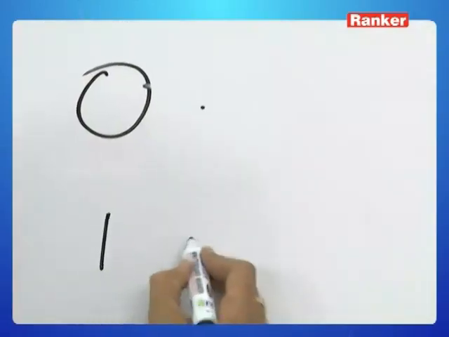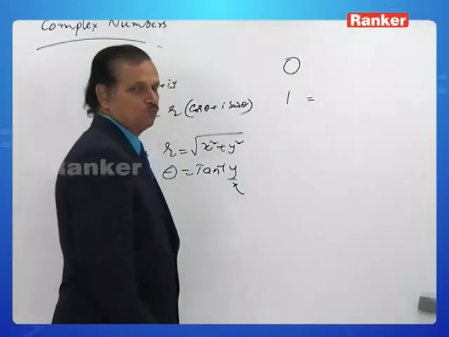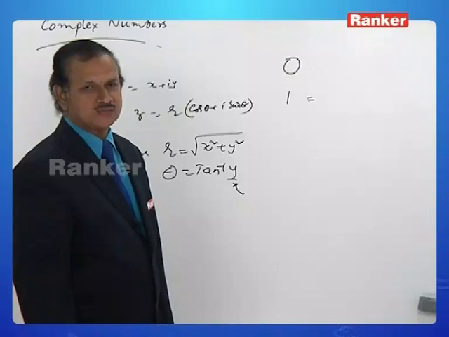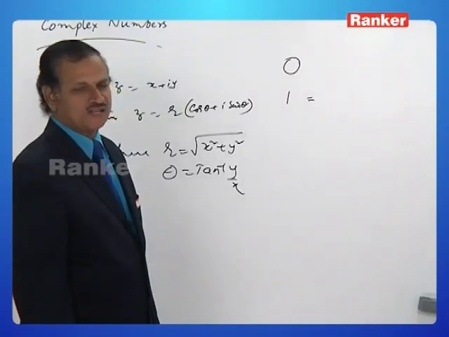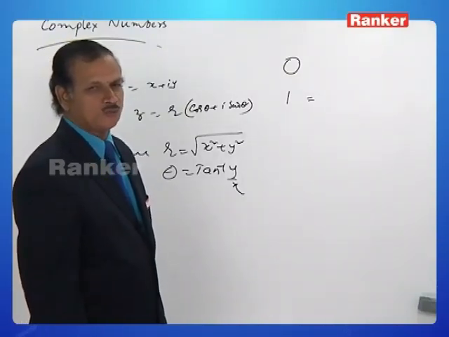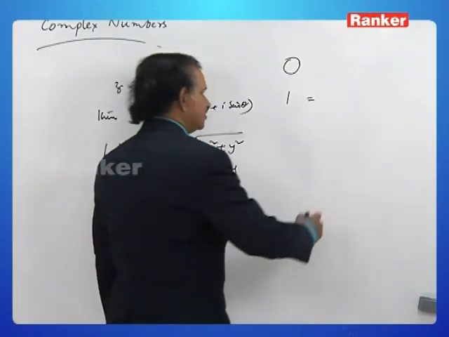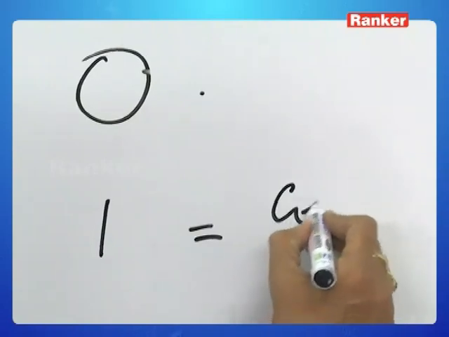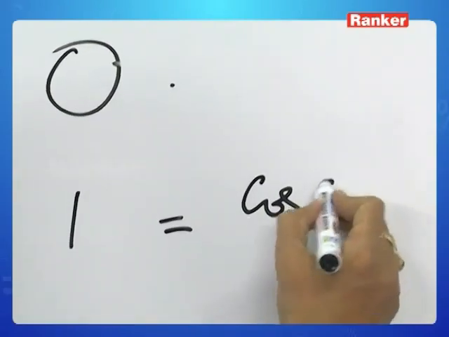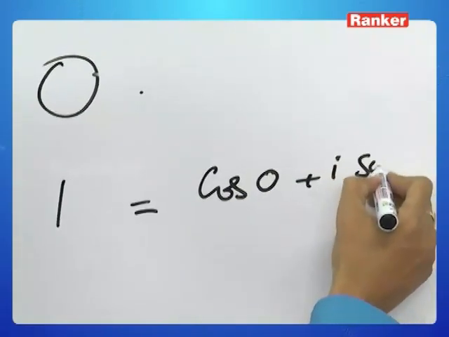Well, then next, 1. 1 means 1 plus i0, the point 1, 0. It is a point on the x-axis. It can be taken as cos 0 plus i sin 0.